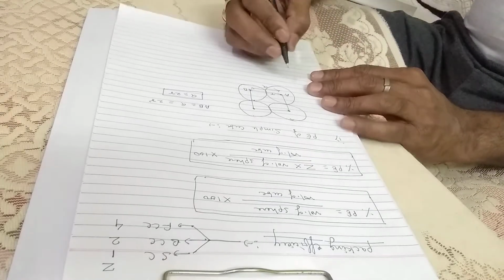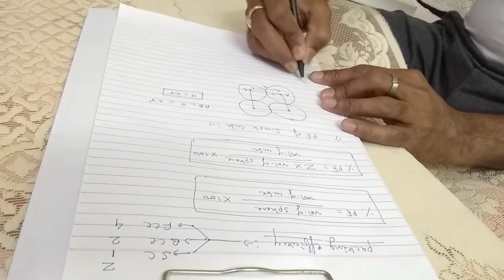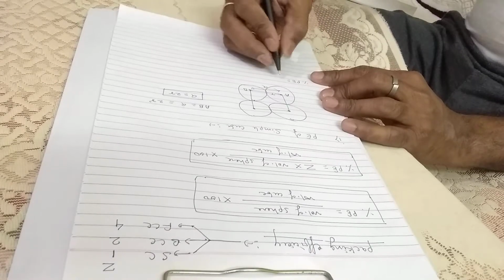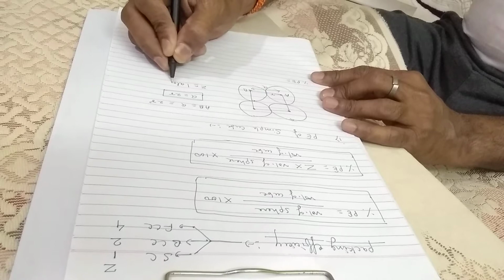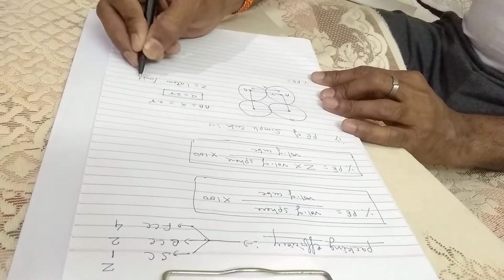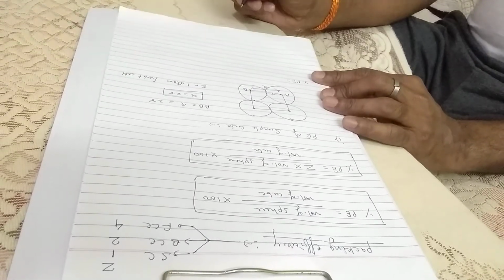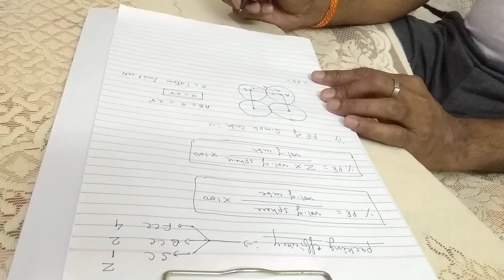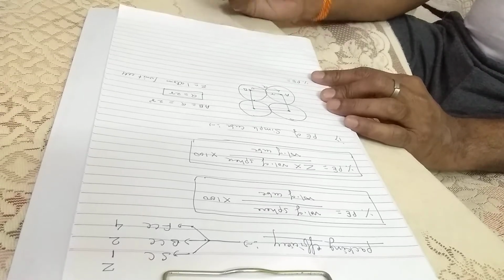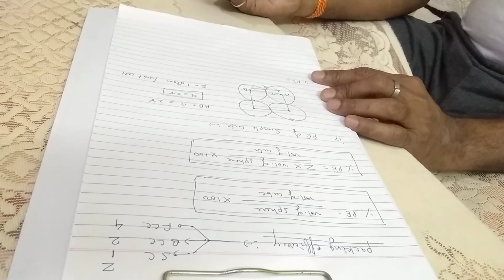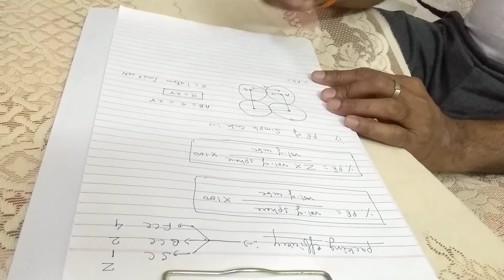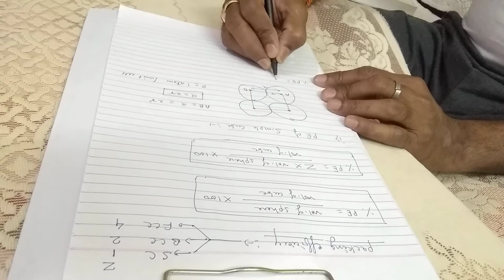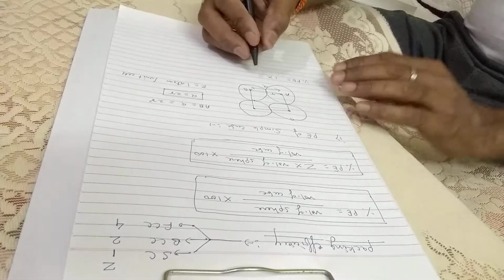Now in packing efficiency, here I am calculating the percentage packing efficiency of simple cube. For Z equal to 1 atom per unit cell, because there is no other atom there, there are only corners, so its contribution is 8 into 1 by 8, and hence here the value of Z is 1. Now see here Z is 1 into what is the volume of sphere?